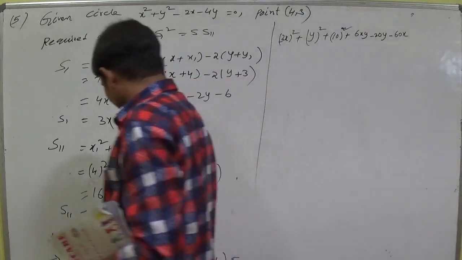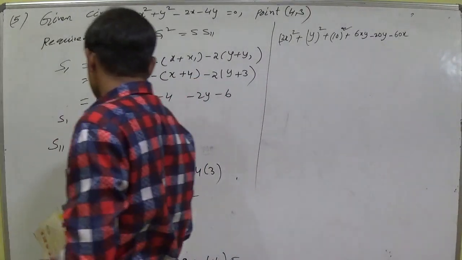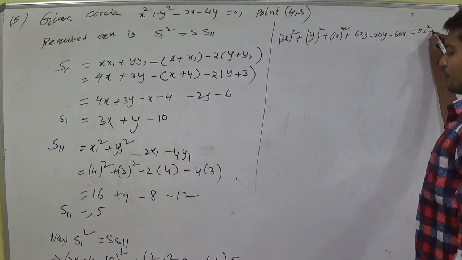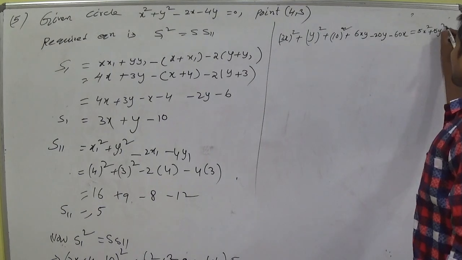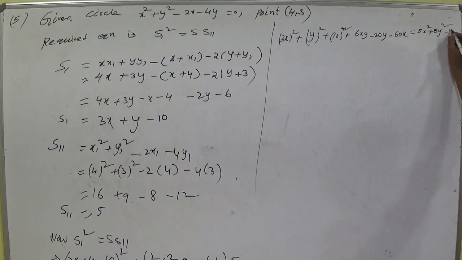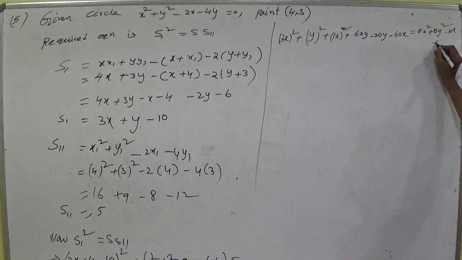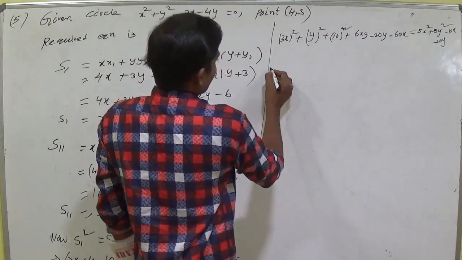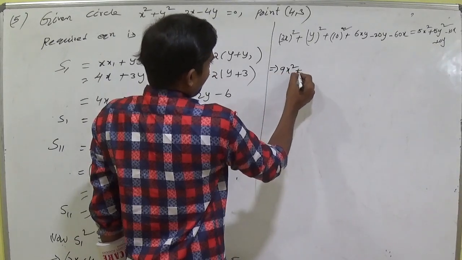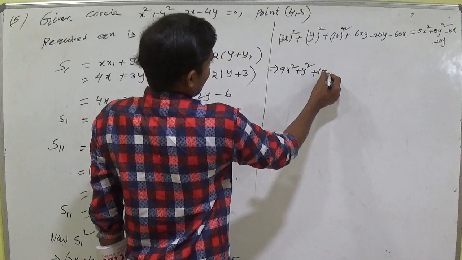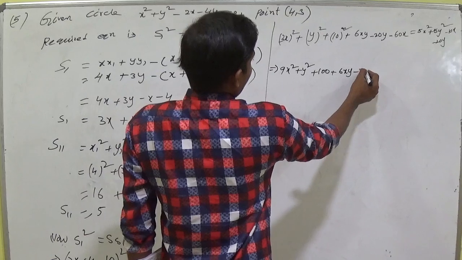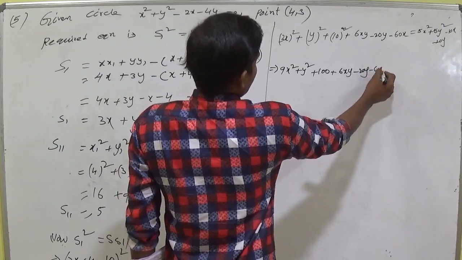The right side is 5x square plus 5y square minus 10x minus 20y. So 9x square plus y square plus 100 plus 6xy minus 20y minus 60x.